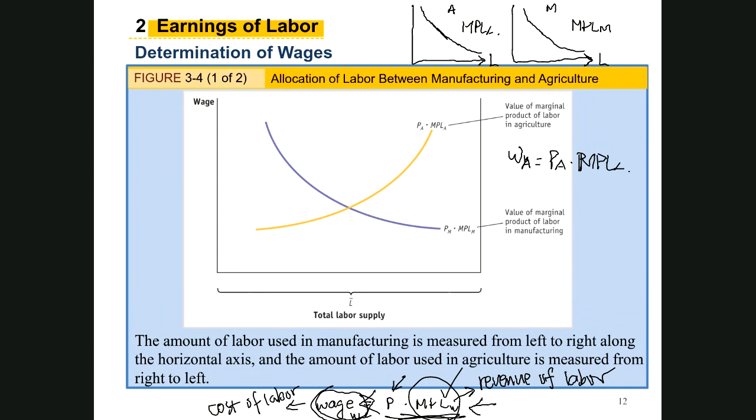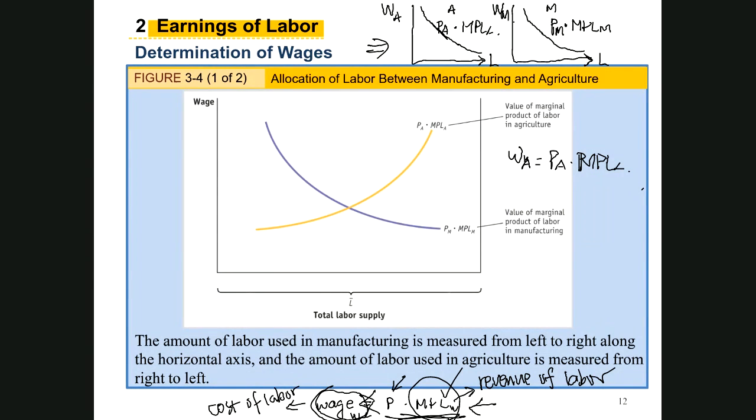And if you multiply by the constant price of the goods, this becomes the wage, right?